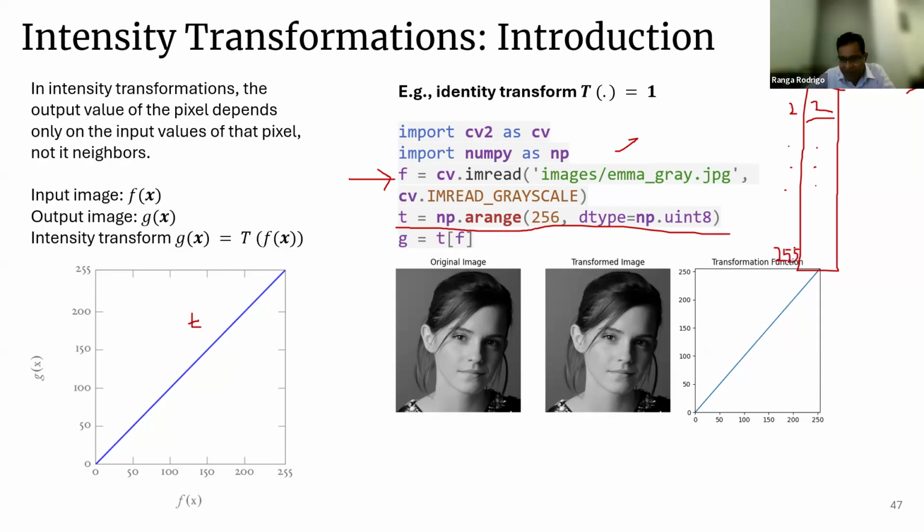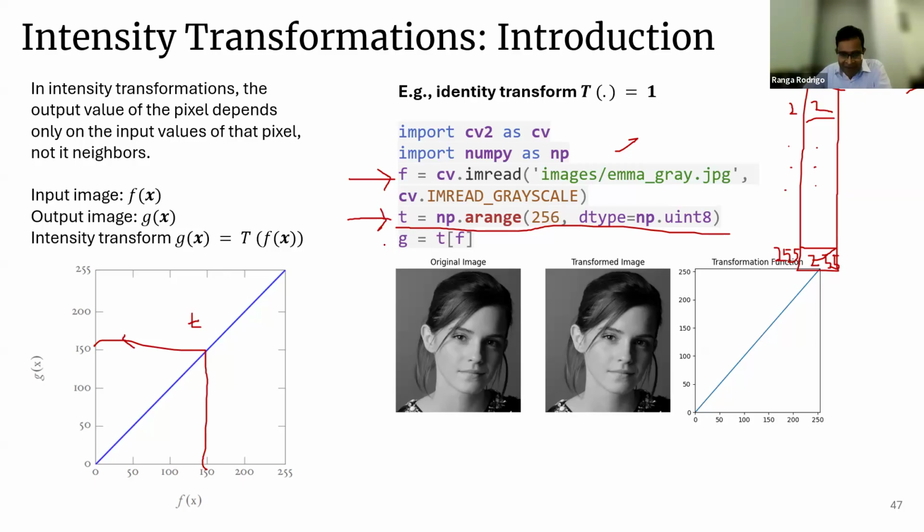So the input is the same as the output, as we can see here. Input value 150, you get the output value 150. That's the identity transformation. So at each location you have the same value as the location inside the array. That you can do in Python by writing, actually NumPy, by writing np.arange.